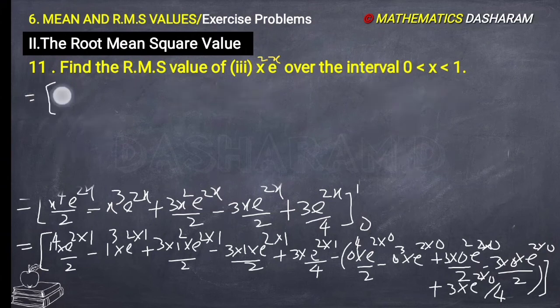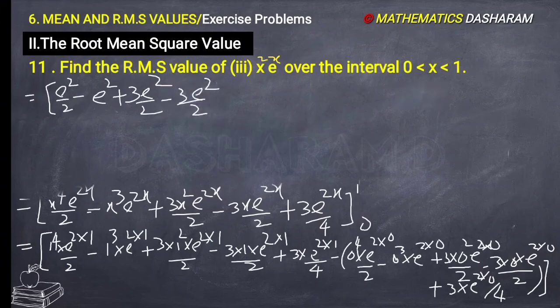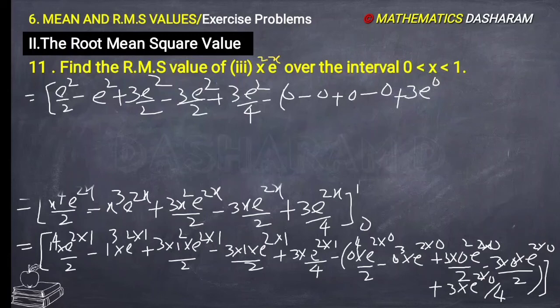Here, what is that? e square divided by 2 minus e square plus 3e square by 2 minus 3e square by 2 plus 3e square by 4 minus 0 minus 0 plus 0 minus 0 plus 3 into e power 0 by 4.